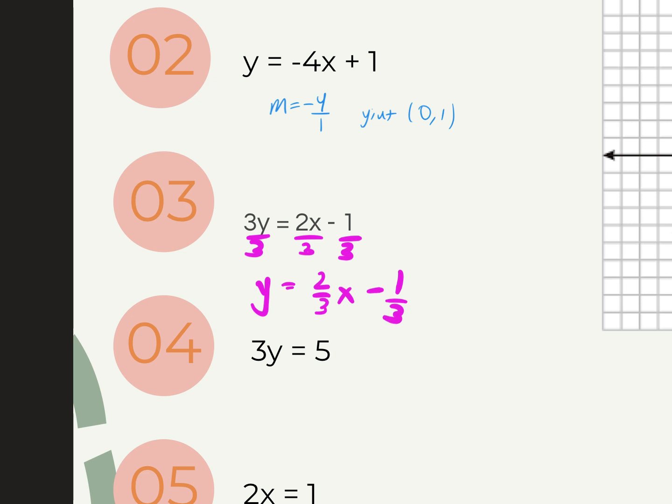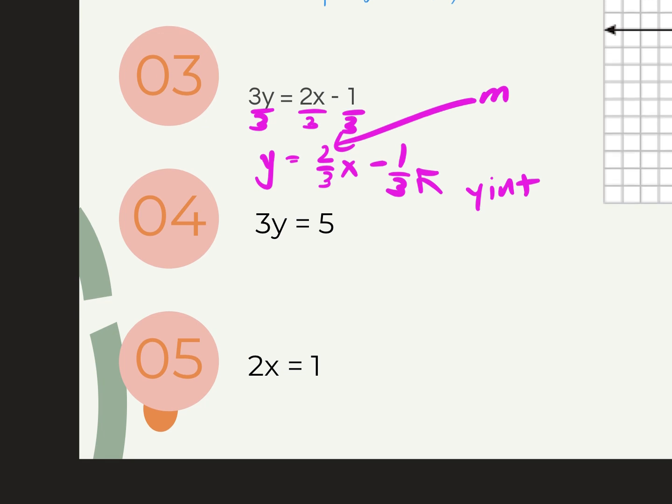Is that okay to have a fractional intercept? Yes. Is it ideal? No. But this would be my slope, right? And negative 1/3 is your y-intercept, where the graph crosses. Is this a positive line or a negative one? Positive, because your slope is positive.